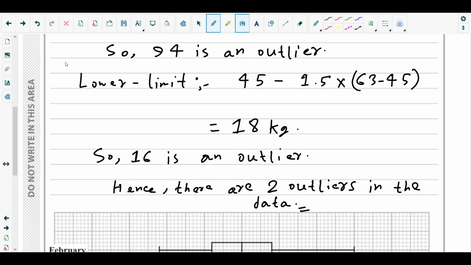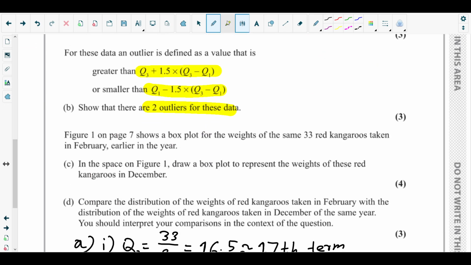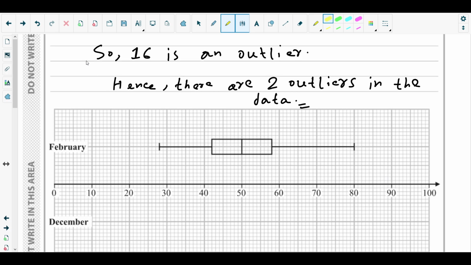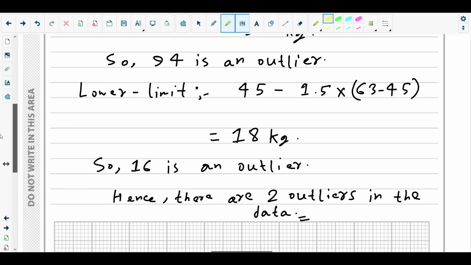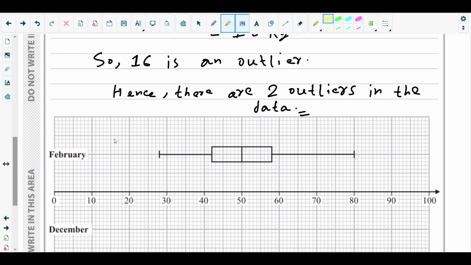Done. Okay, next is part C. Before part C they said something: Figure 1 on page 7 shows a box plot for the weights of the same 33 red kangaroos taken in February earlier in the year. So in Figure 1 on page 7 you can see a box plot for these 33 kangaroos, representing their weights in the month of February.